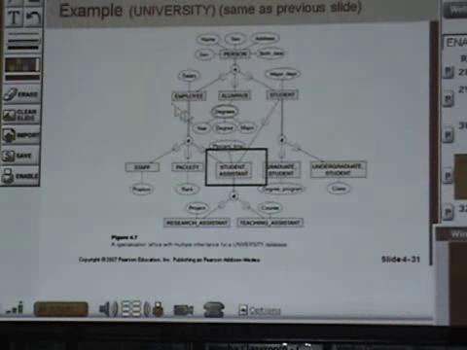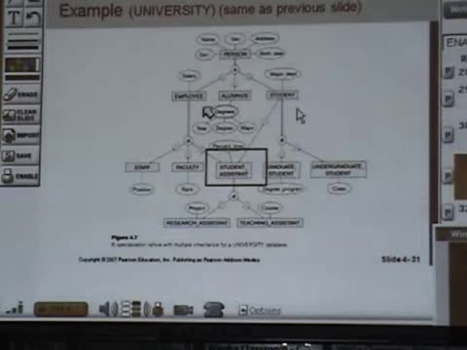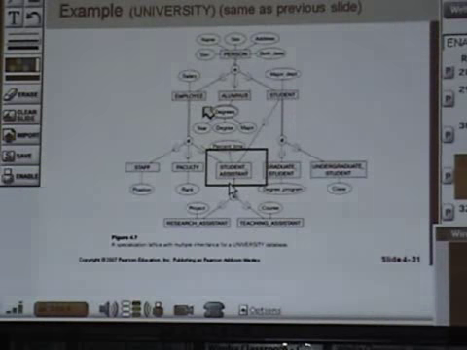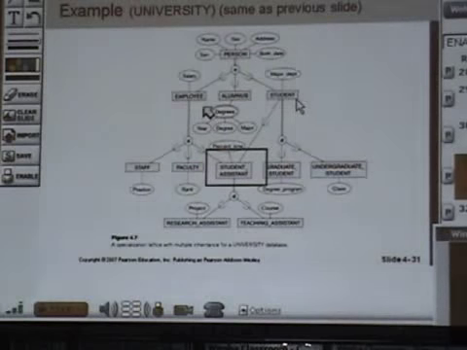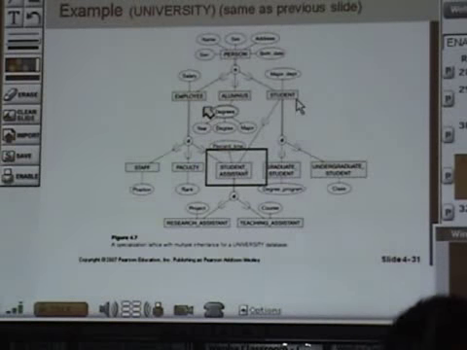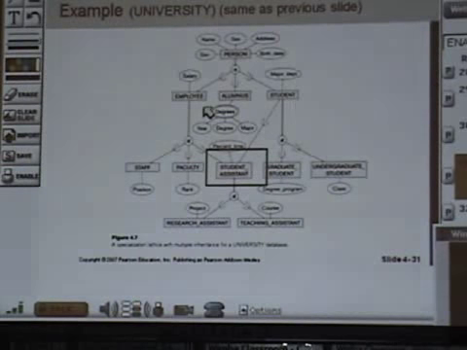One is the employee, another one is student. One parent has one entity. So employee has one entity. Student has one entity. Sometimes a parent can be multiple entities. Can you understand? Let's take a look at the example, then you can easily understand.